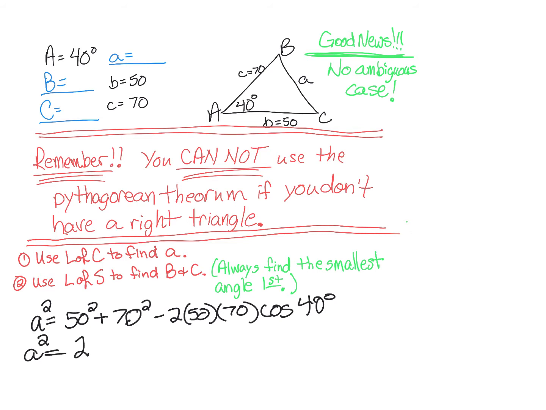I get 2037.6888888, blah, blah, blah. Take the square root of that, and you're going to get so we'll just use 45.